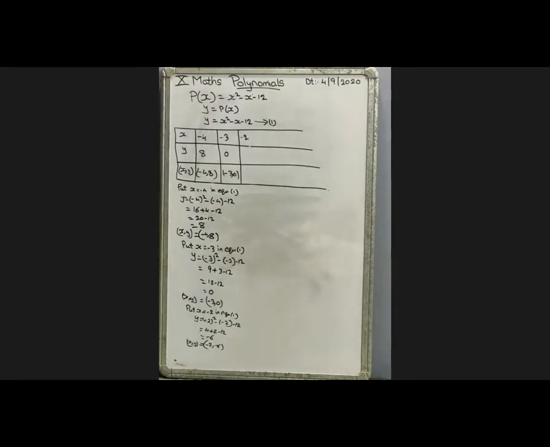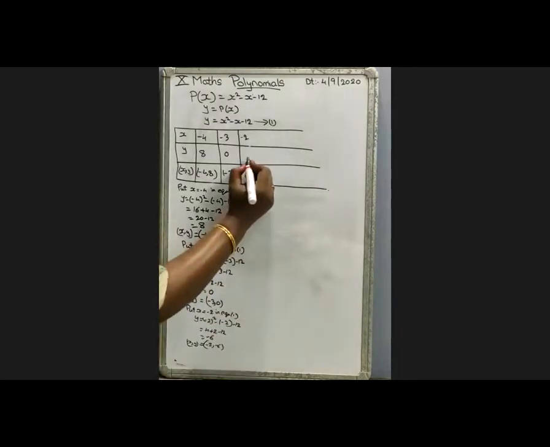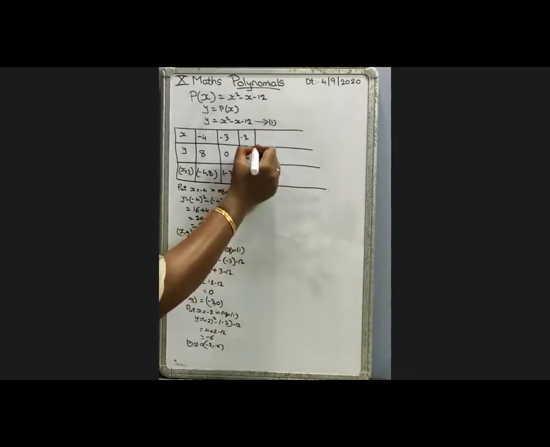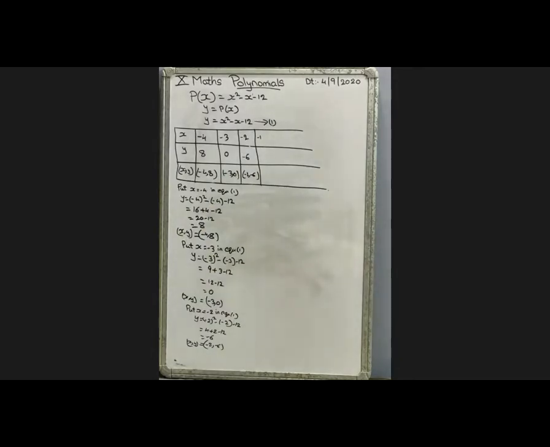We have to substitute all the values. This is -2, -6. Now we can take -1. How many do we have to take? We can take some negative numbers, 0, and positive numbers.